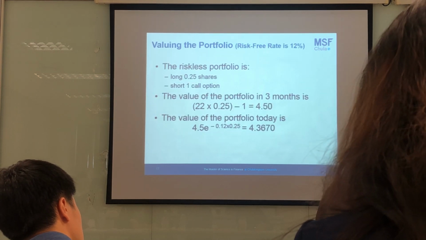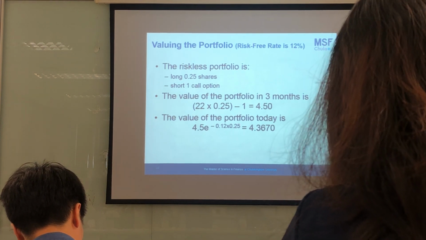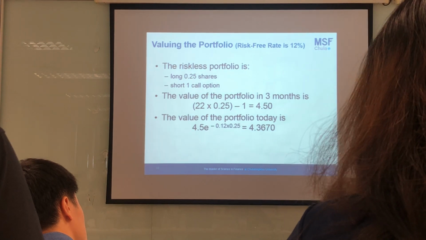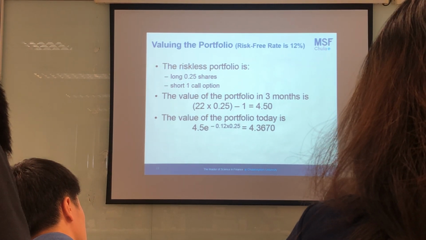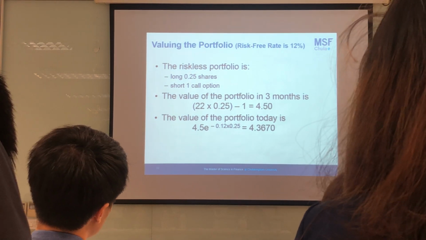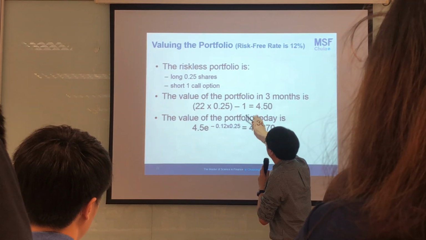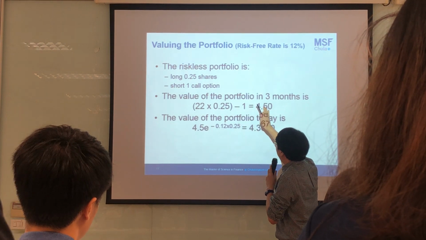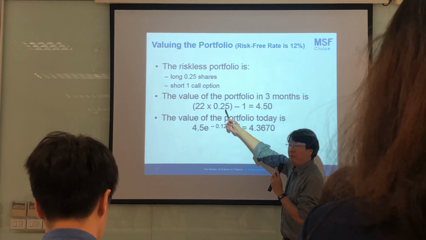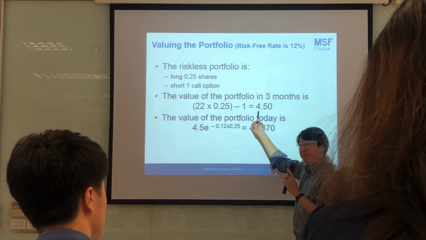Now let's consider, because this portfolio is riskless, no matter whether the stock goes up or down, this portfolio has the same value. So the value of the portfolio should earn a return equal to the risk-free rate. First, let's determine the value at the end of 3 months. 22 multiplied by 0.25 minus 1, the value of the portfolio equals 4.5.